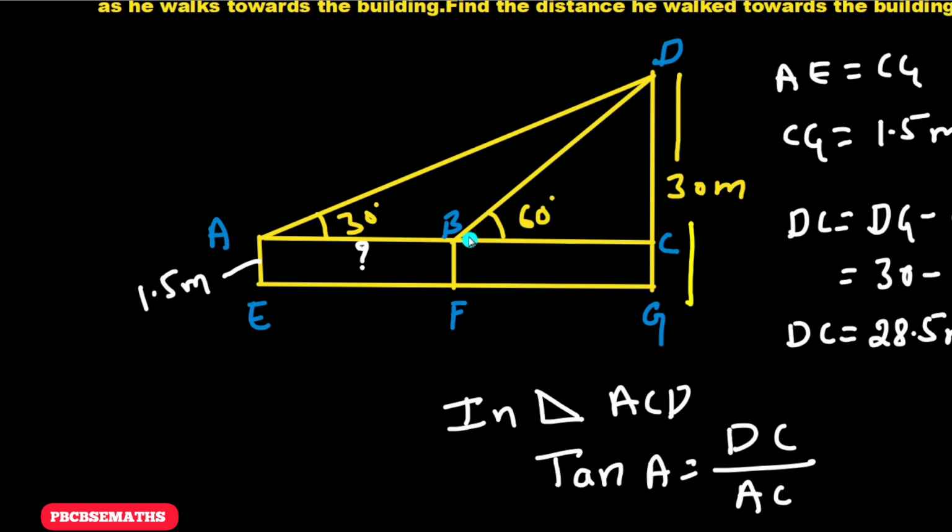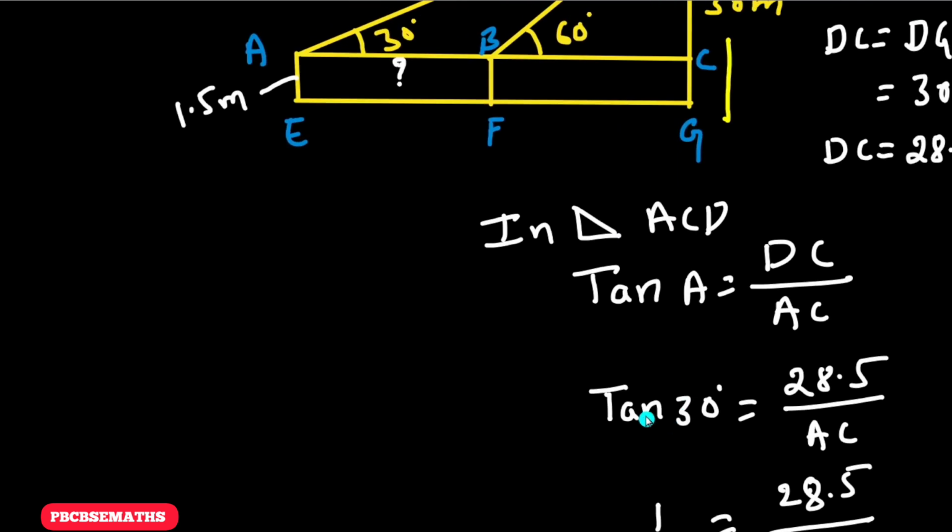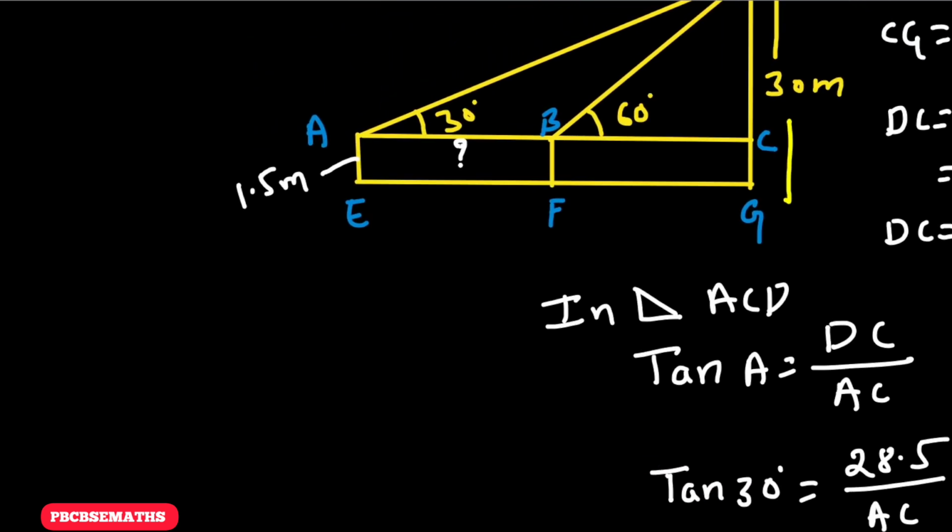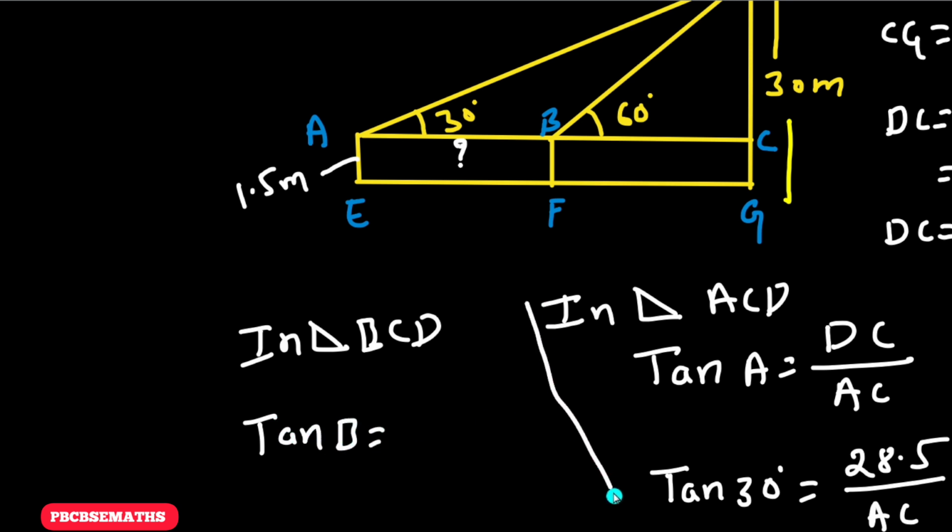Similarly, now let's find the length of BC. For that, let's use tan theta again. In right angle triangle BCD, tan B is equal to the opposite side, that is DC, divided by the adjacent side, that is BC.